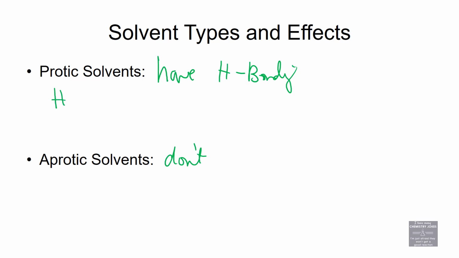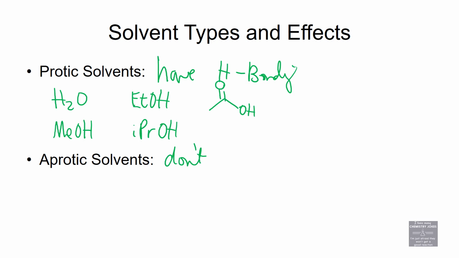So protic solvent examples. This is not an exhaustive list, but protic solvent examples: water, methanol, ethanol, isopropanol. All of those are what functional group besides water? Alcohols, yeah. Acetic acid is a common protic solvent because it's a liquid and it has hydrogen bonding, yeah.